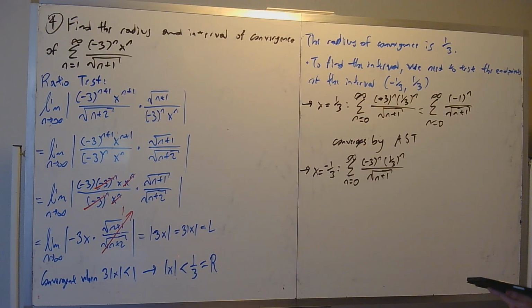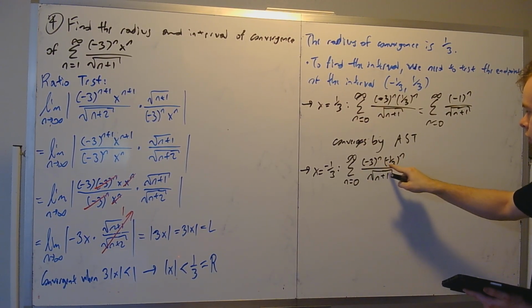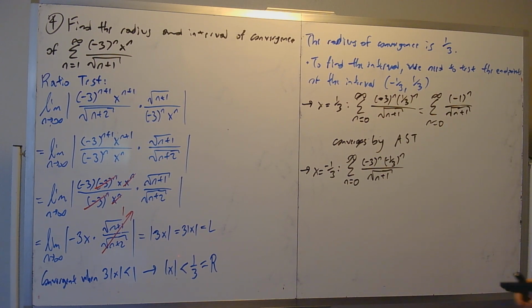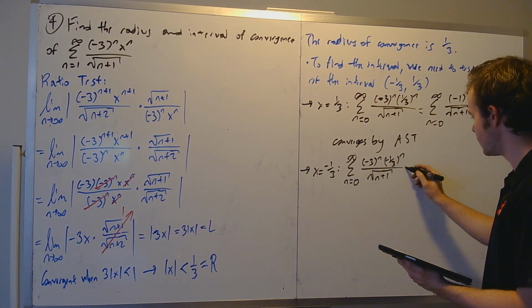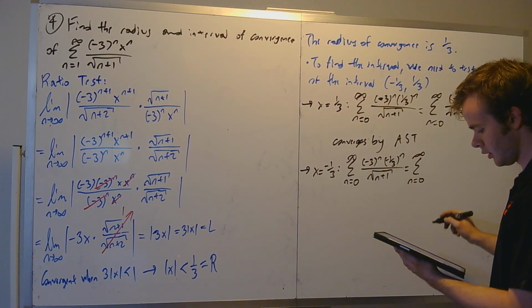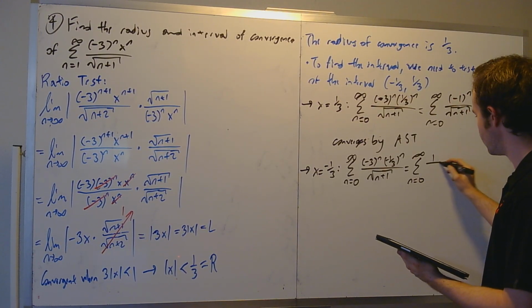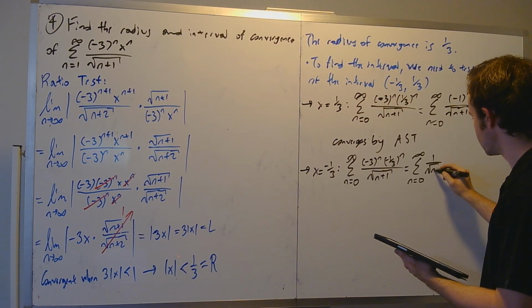And notice here, oh sorry, this was -1/3, right? So this is -3 to the power of n times -1/3 to the power of n. So everything in the numerator is going to cancel out. So you're going to get the sum from n equals 0 to infinity of 1 over the square root of n plus 1.